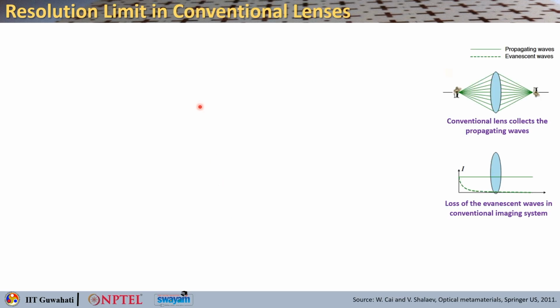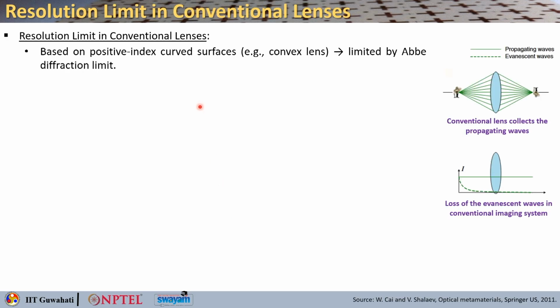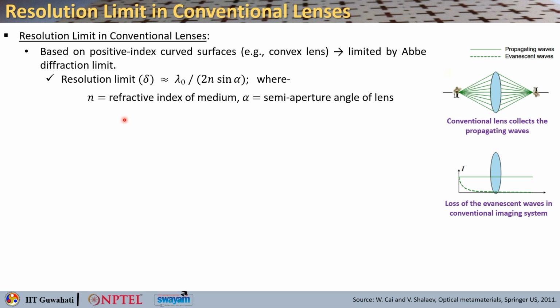So the first discussion will be on the resolution limit of conventional lenses, and I believe you have studied this in optics or physics, that based on any positive index curved surface such as this convex lens, the resolution is basically limited by the Abbe diffraction limit. Now what is that limit?